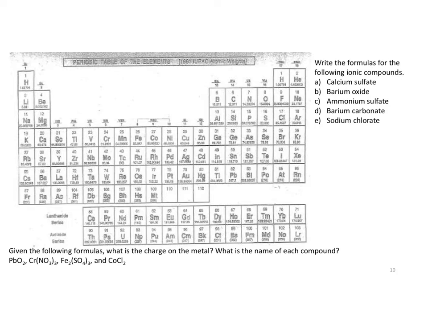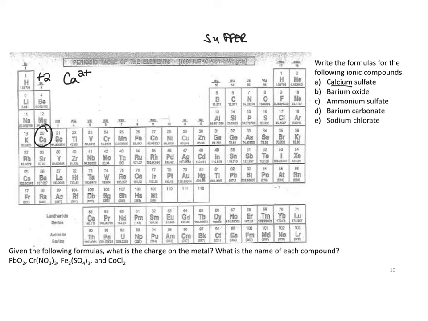Write the formulas for the following ionic compounds. So you need to be able to take the formulas and write the names, and then you need to be able to take the names and write the formula. Calcium. So you find calcium. It's in the +2. And so what I do is I write calcium, 2+, and then sulfate.